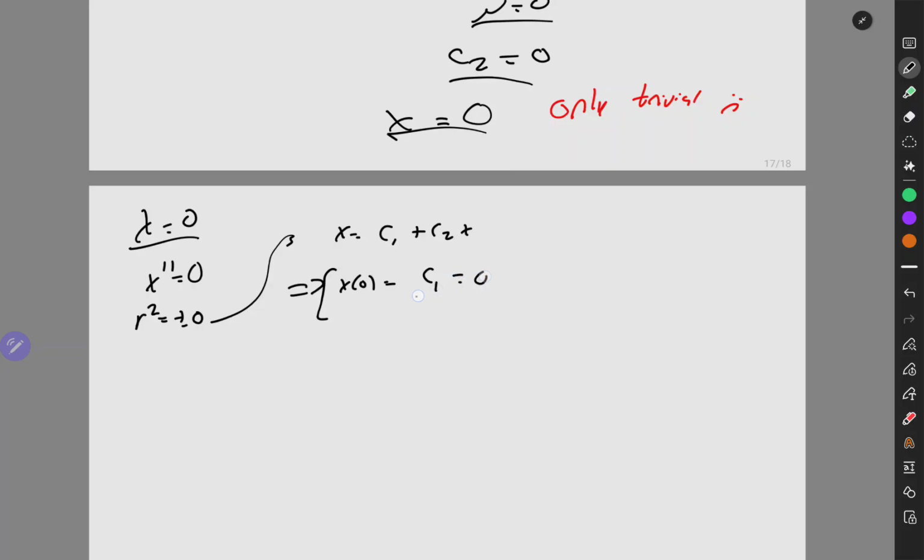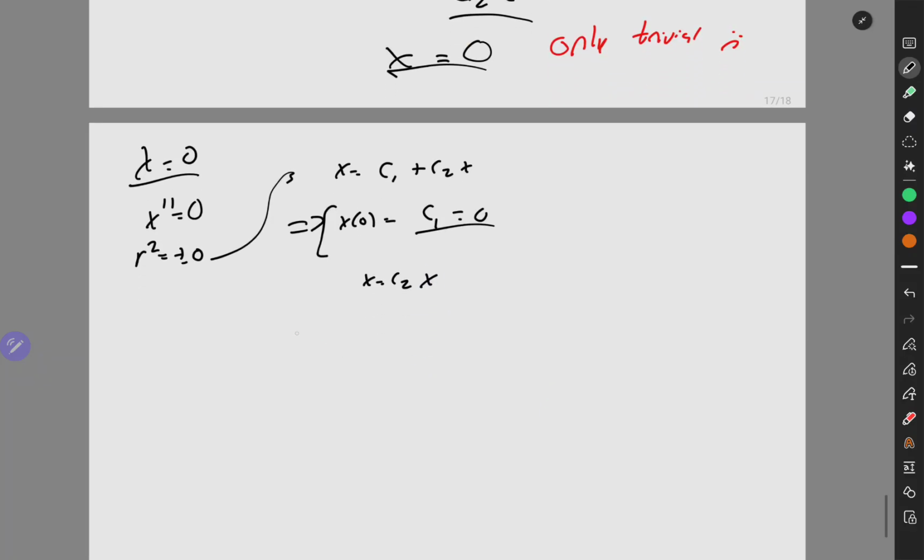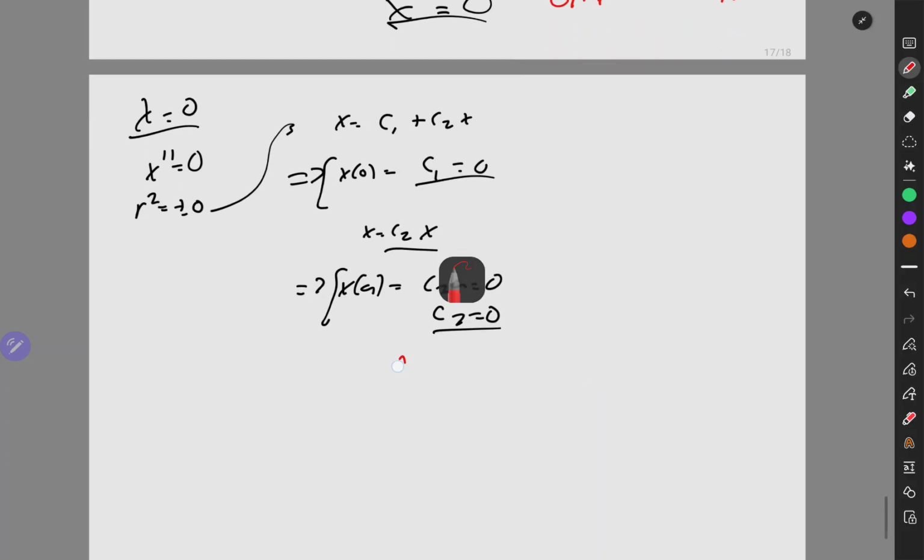That would be C1 equals 0, times x. So x of a is C2a, which is 0. So C2 is equal to 0. So you can see this is only trivial.